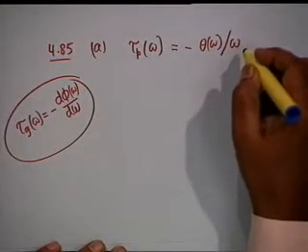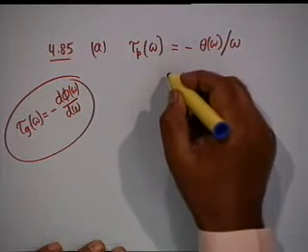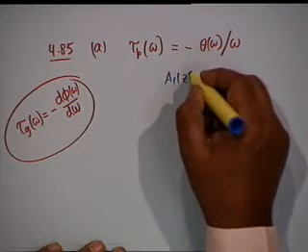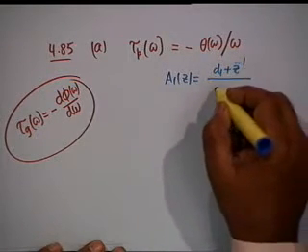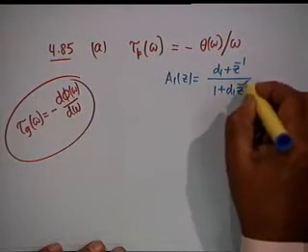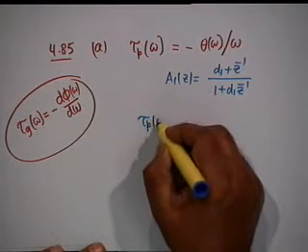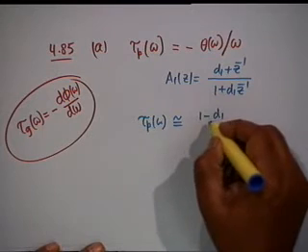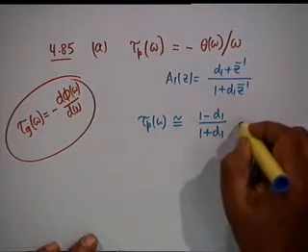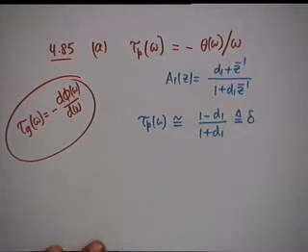This problem says: show that the phase delay of the first order all pass function A1(z) = (d1 + z^-1)/(1 + d1 z^-1) is given by tau_p(omega) approximately equal to (1 - d1)/(1 + d1), defined as delta. This is the first part.